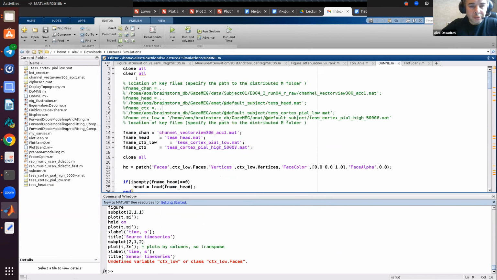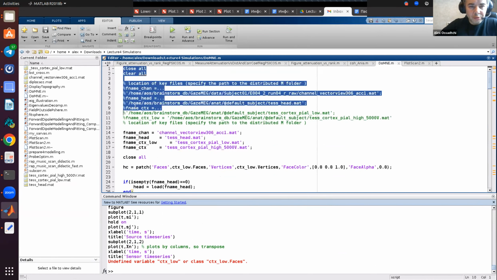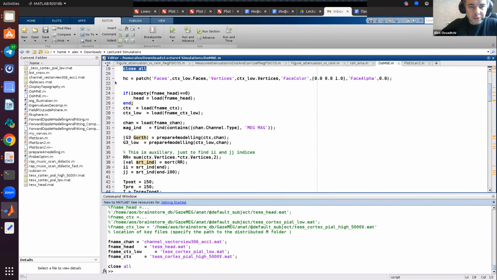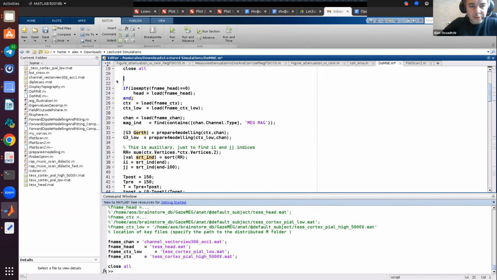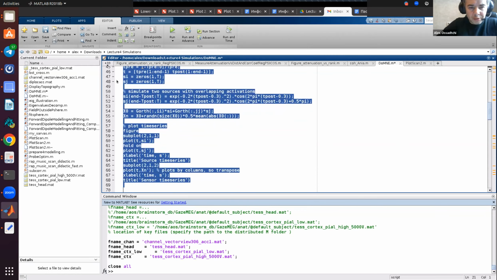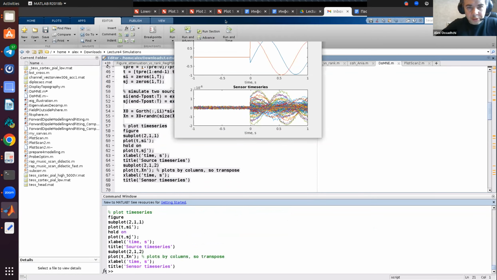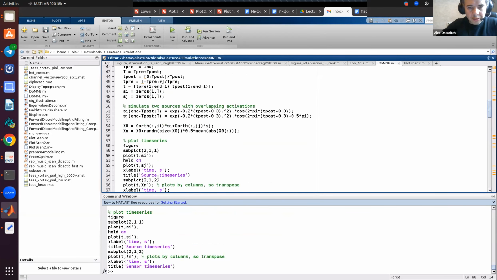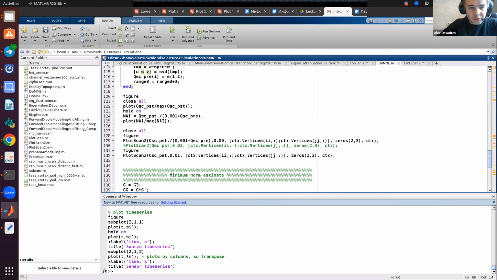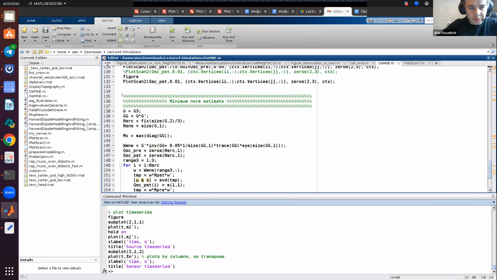Simulate the data again, same thing, 0.5 pi. We're not doing beamformers now, we do the minimum norm estimate. I just simply reassigned G3 to G, so as not to rewrite the code.